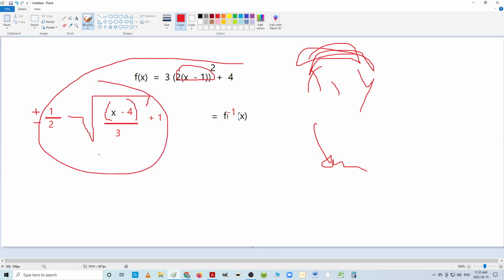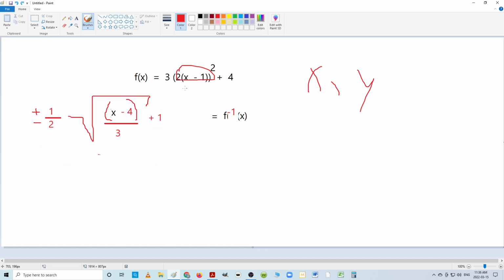So you have to have consistency. So obviously it's just going to be an inverse of all the transformations. Keep that in mind. If you have x and y values, just swap them, and you will find the new inverse graph. And if I was to plot this, we will find inverse points here and here.